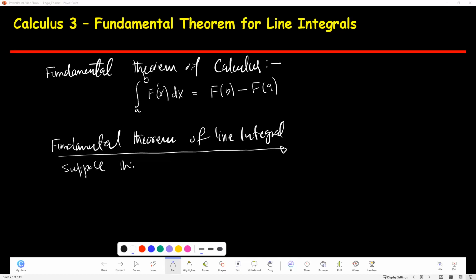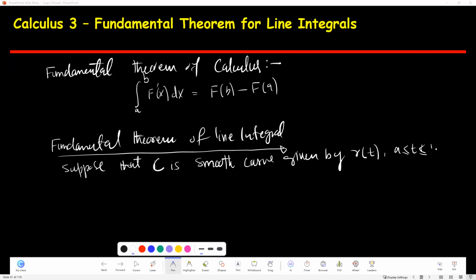Suppose that C is a smooth curve given by r(t), and it goes from a to b. These are the two limits. So maybe this is a smooth curve.